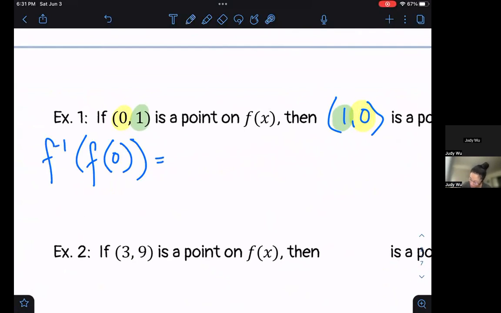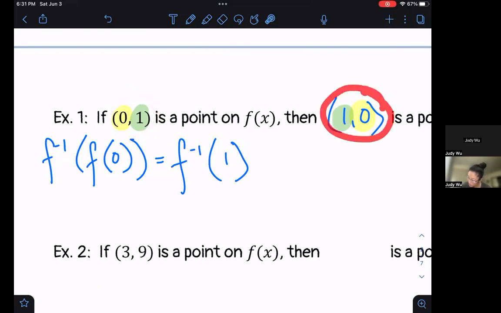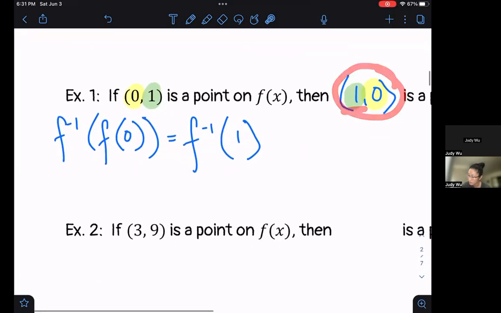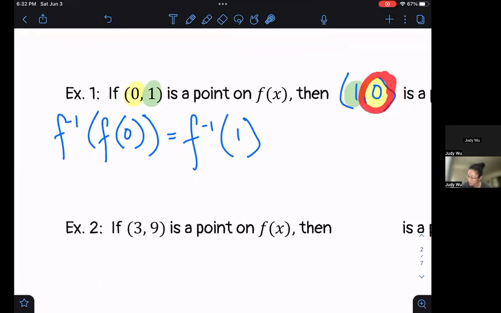We do the inside piece first. f of 0 is 1 because the point 0 comma 1 is on the graph. And according to this, the inverse function, when I plug in 1, I get back out 0.